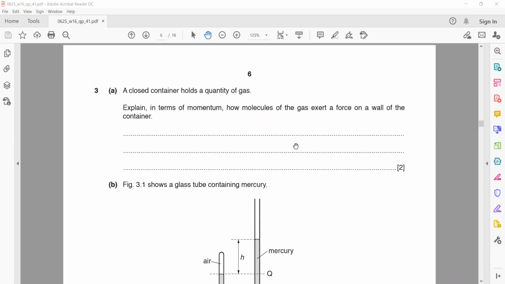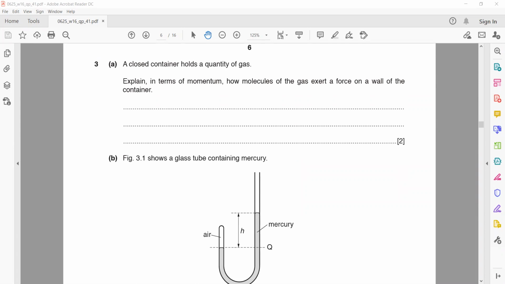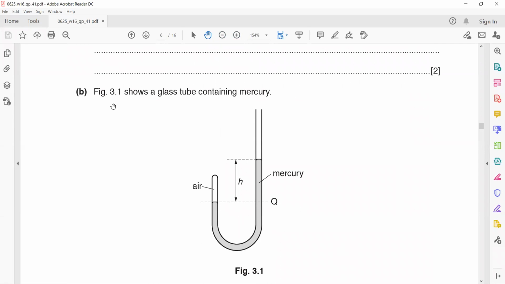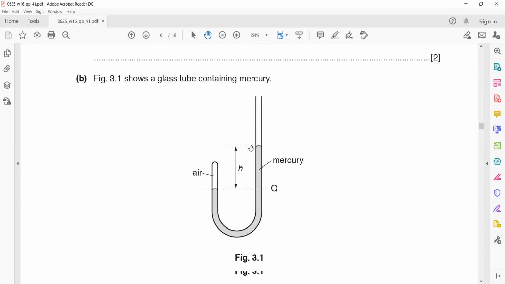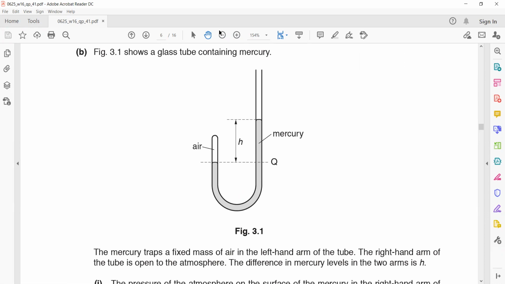Question 3. Any doubt in question 3? So for question 3, part B, Figure 3.1 shows a glass tube containing mercury.